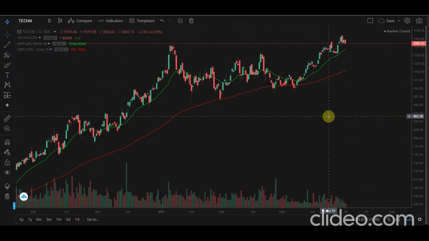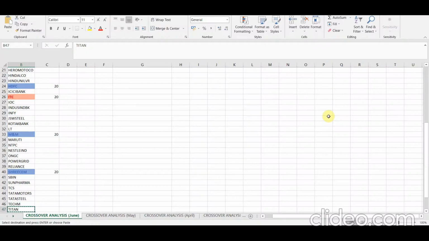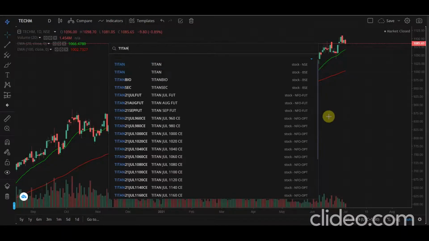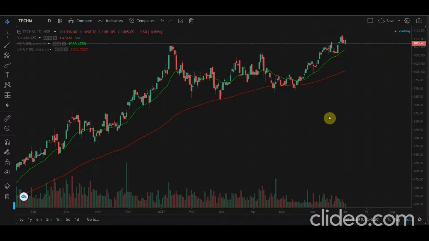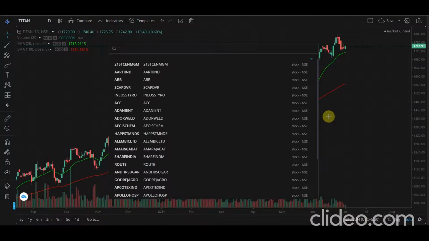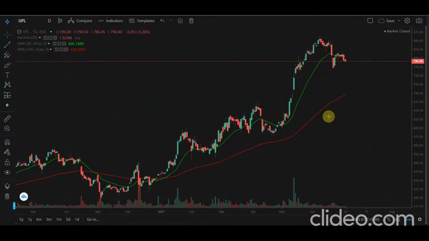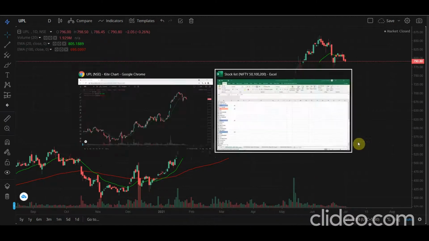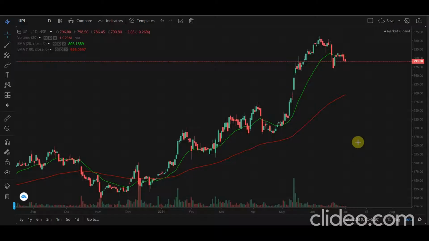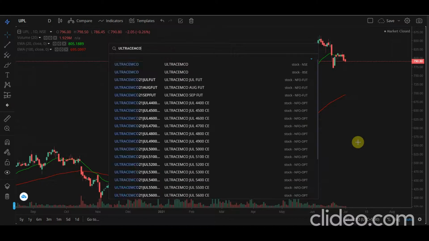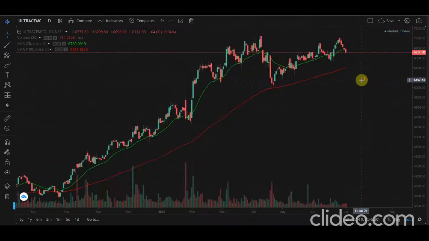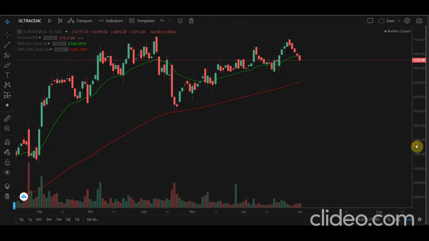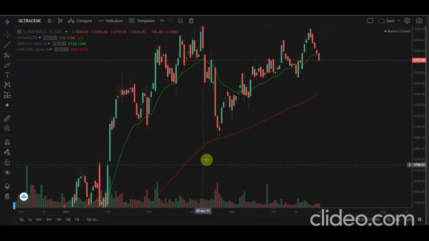Yeah, there's a huge gap in Tech M too. Next is Titan. Very huge gap. UPL, again a very huge gap. Ultratech Cement. Okay, the gap is huge.